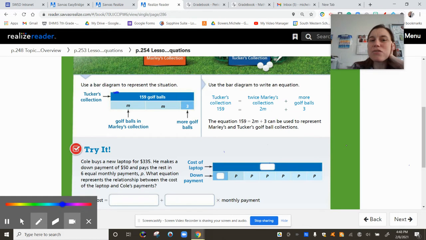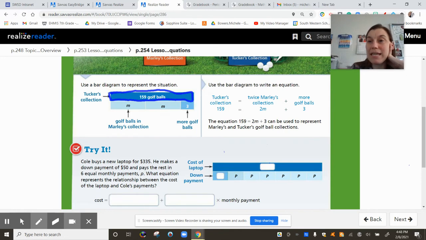What they're saying is if you take all of what Tucker has and you start putting those golf balls in a basket, it would fill this basket, which is the same as what Marley has. And then you'd start filling a second basket because you have extra. And then after the second basket was full, you'd still have 3 left out. And all together, that would be 159. That's how they're representing it.